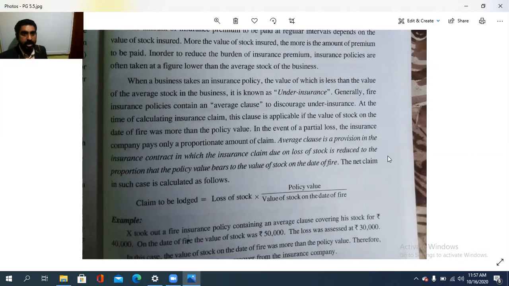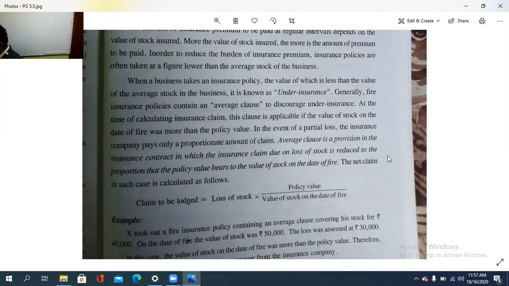What is the salvage value or the saleable value of the goods? That is to be deducted from the closing stock, or the gross value of the stock at the time of fire.